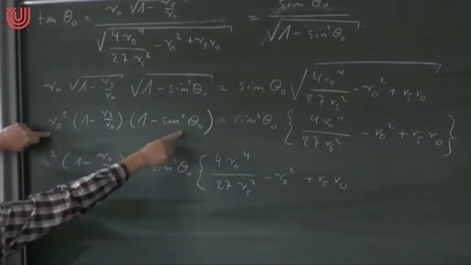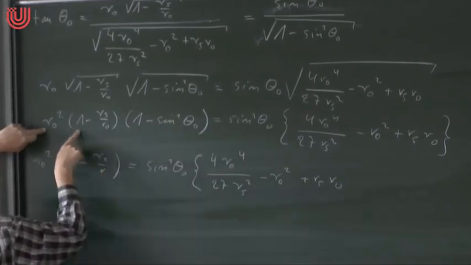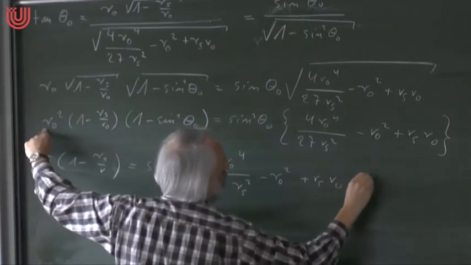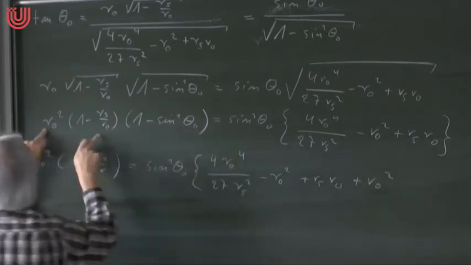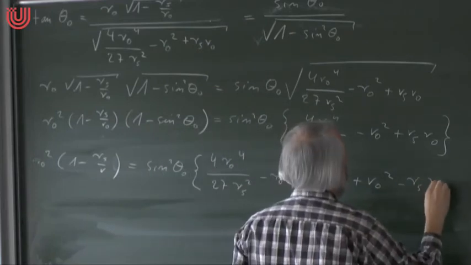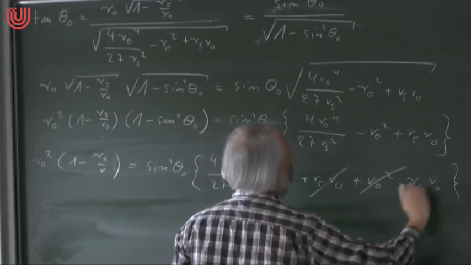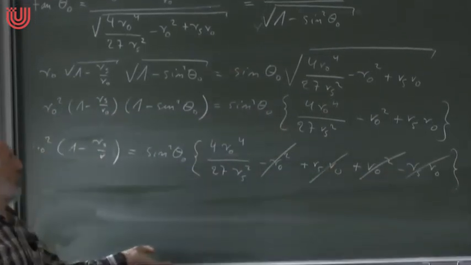And now I get these terms here. So on the other side they get a plus sign. I have plus R_O squared minus R_S R_O. And you see, this becomes very nice because these four terms cancel.